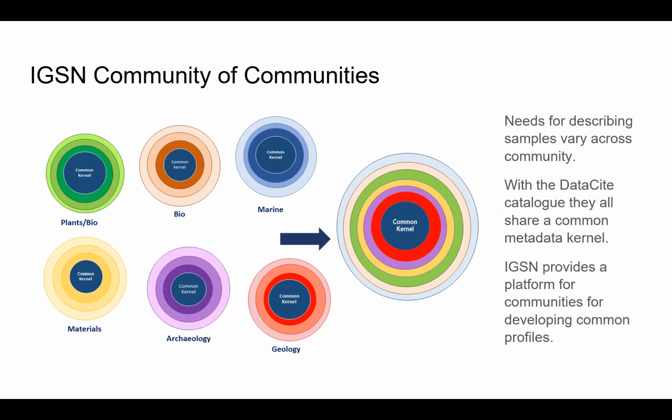And the role of the IGSN organization will be to provide a platform for communities for developing common profiles, how to use that facility, but also how to portray samples on their own organizational landing pages or community landing pages with much richer metadata than you could fit into the DataCite catalog.